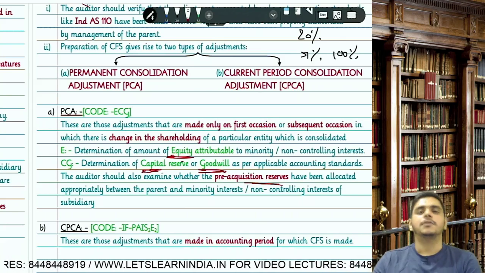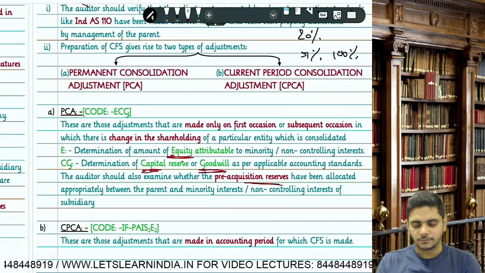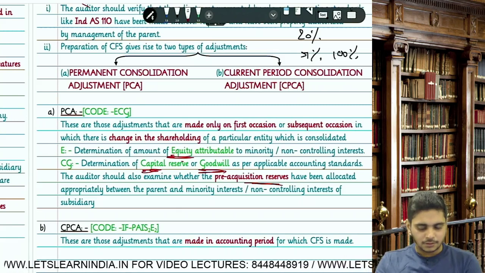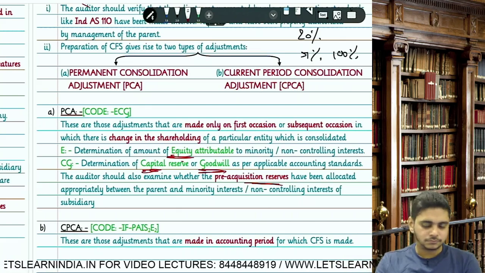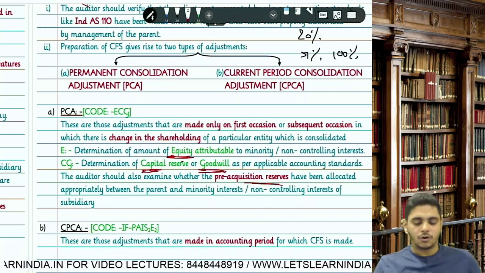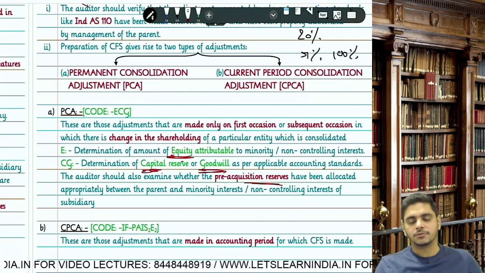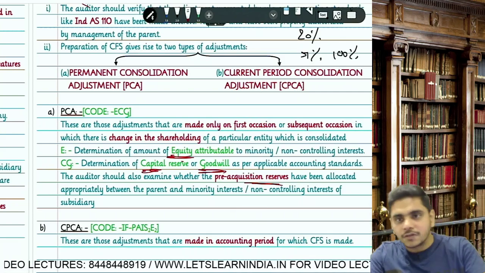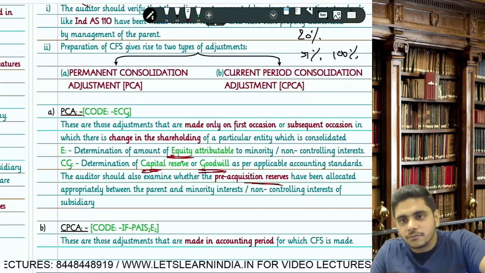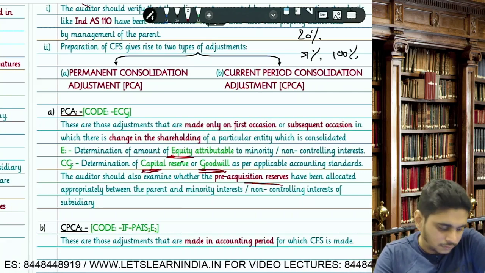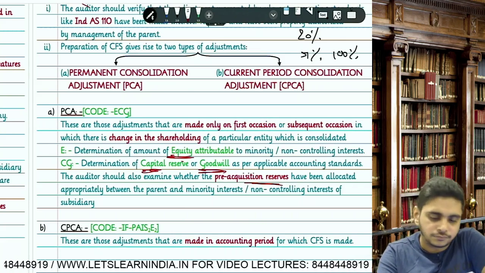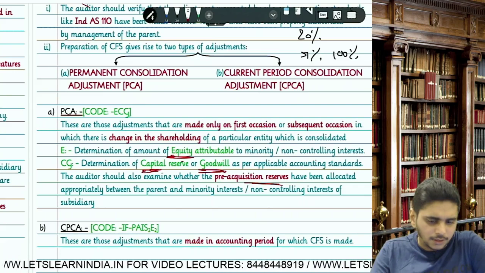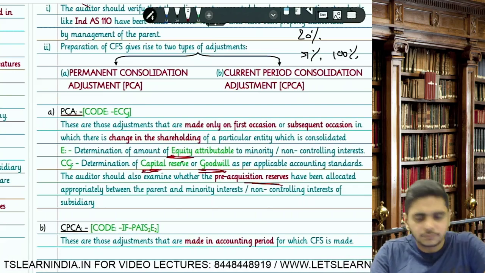Now below that, these are those adjustments which are made on first occasion, or subsequent occasion, in which there is a change in the shareholding already held.